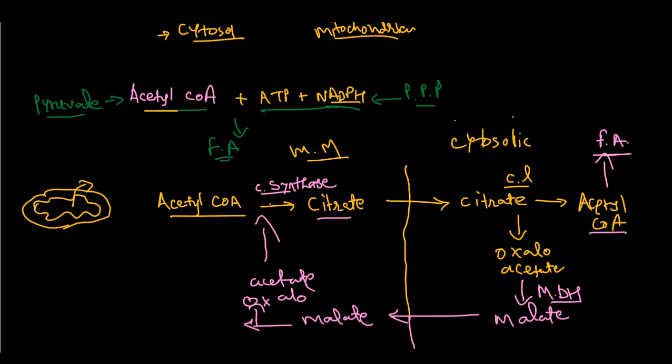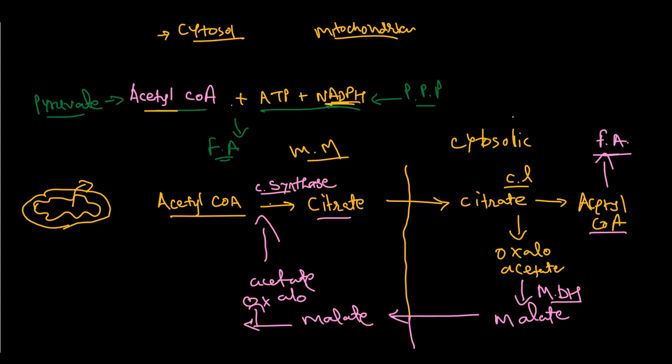First of all, there is a requirement of molecules. Acetyl-CoA is required for the synthesis of fatty acid. Acetyl-CoA and the energy in the form of ATP as well as NADPH. This NADPH is required for the synthesis of fatty acid.